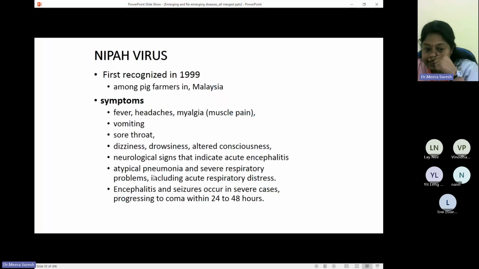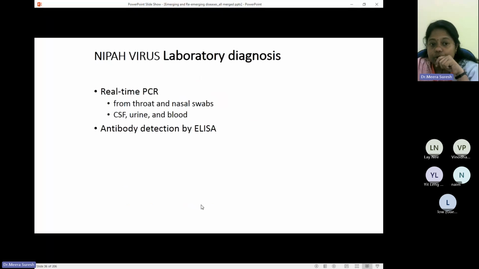Atypical pneumonia and severe respiratory problems, including acute respiratory distress. Encephalitis and seizures occur in severe cases, progressing to coma within 24 to 48 hours, and finally leading to death. Lab diagnosis: we can do real-time PCR from throat and nasal swabs, CSF, urine, and blood examination, and antibody detection by ELISA.